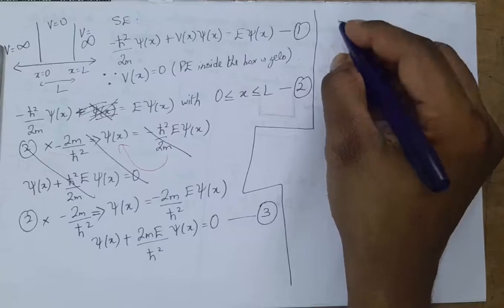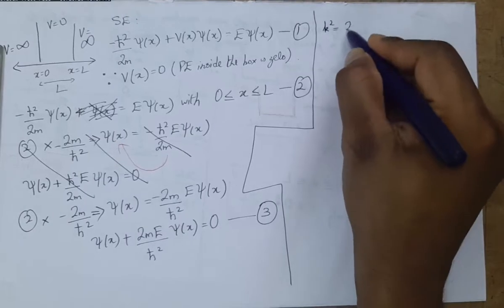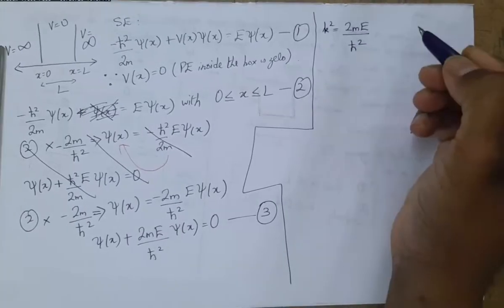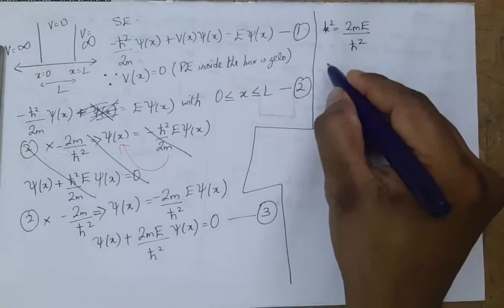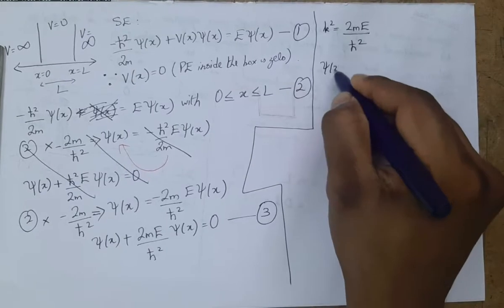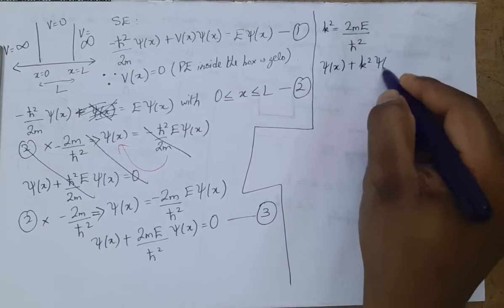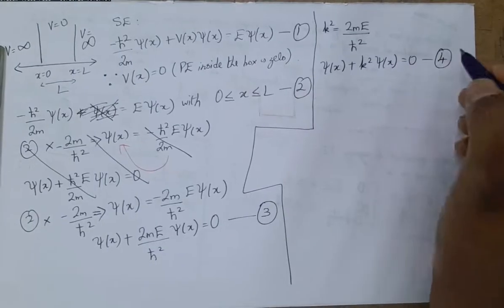Now we'll make a substitution: k square equal to 2mE by h cross square. So equation 3 will turn out to be the second derivative of psi of x plus k square psi of x equal to 0. Let's call this equation 4.